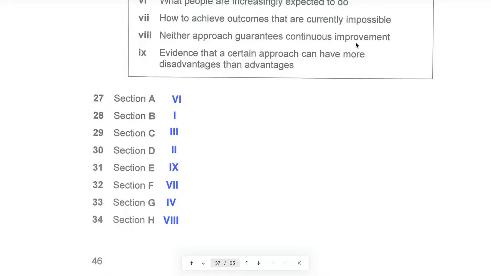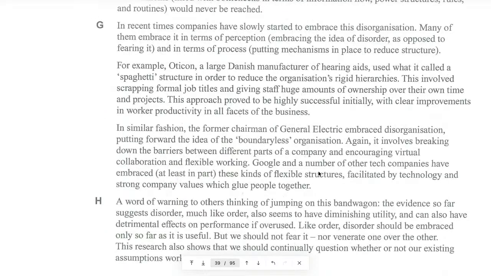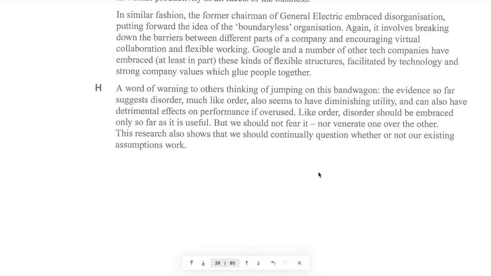When we talk about continuous improvement, we are talking about improvement going on forever. You keep improving, but none of the approach can do that or can guarantee that. All right, where is it? Thư, go on.